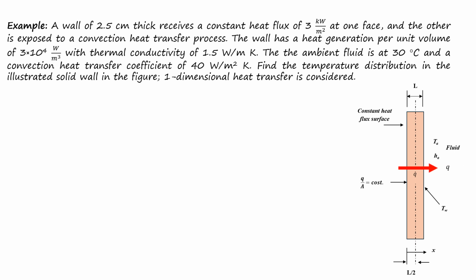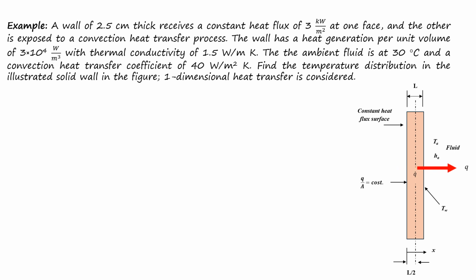The wall thickness is 2.5 centimeter with a thermal conductivity of 1.5 watt per meter Kelvin, and this wall is experiencing heat generation per unit volume corresponding to 3 times 10 to power 4 watt per cubic meter.